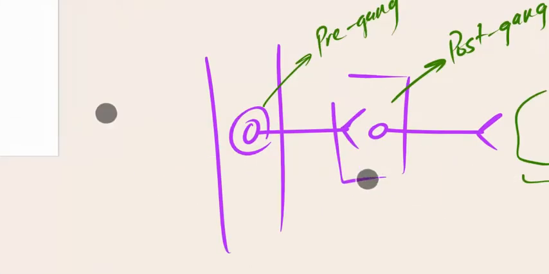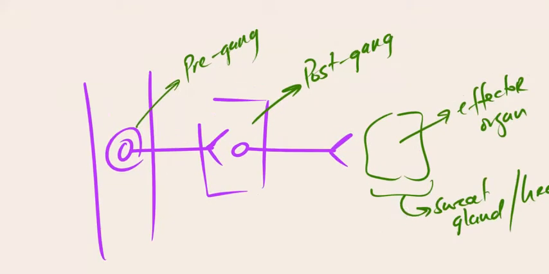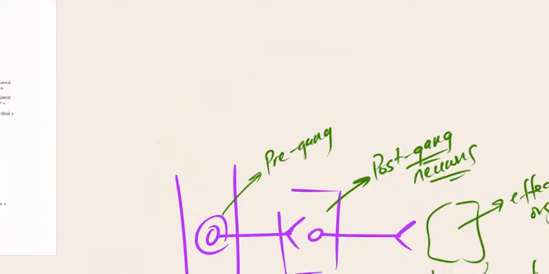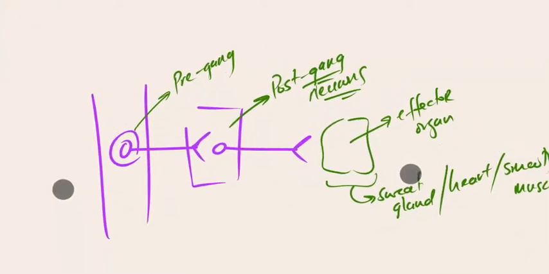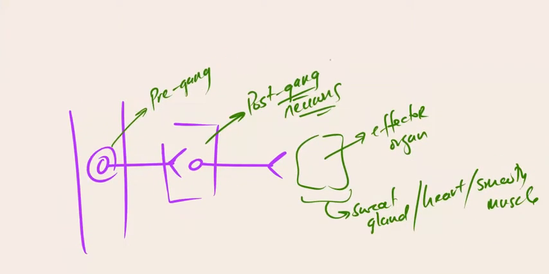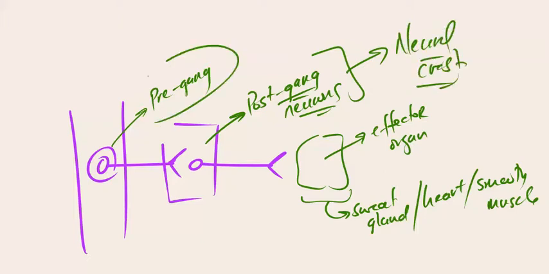Okay, so what we're saying is this, right? For the postganglionic neurons, these guys are coming from the neural crest. Now, I'm not exactly sure about the preganglionic. I don't think that the preganglionic is coming from the neural crest, but I'm not 100% sure of that.